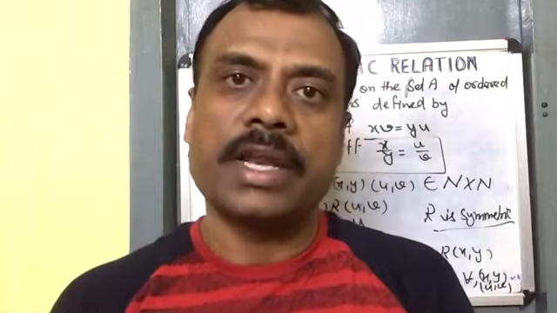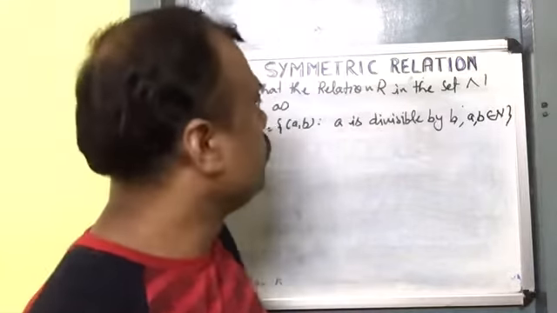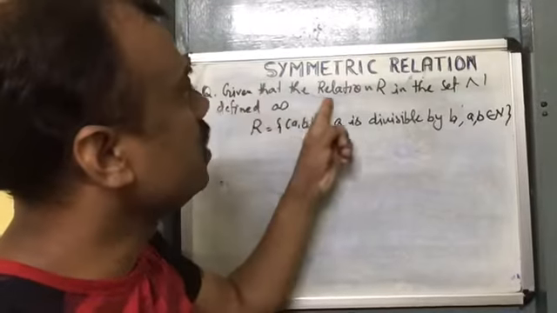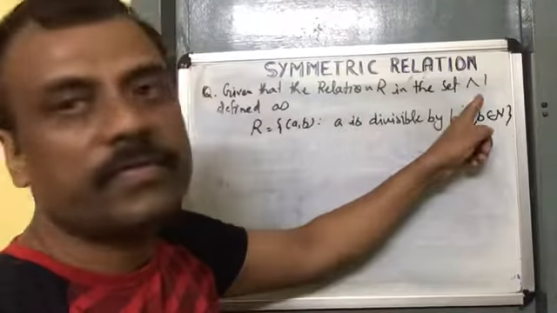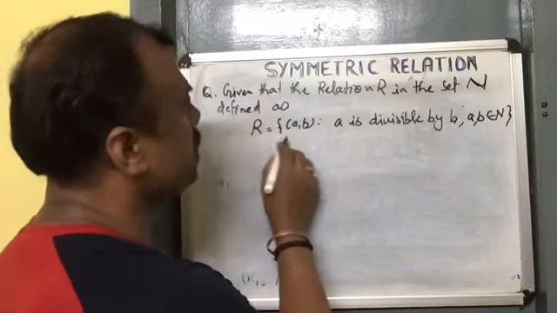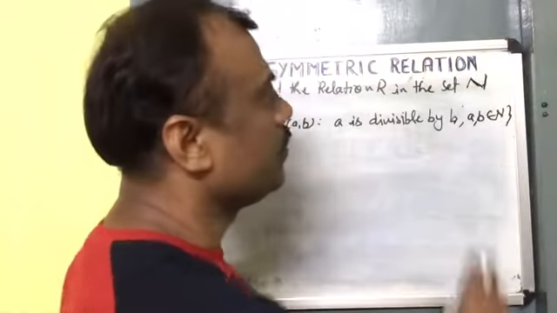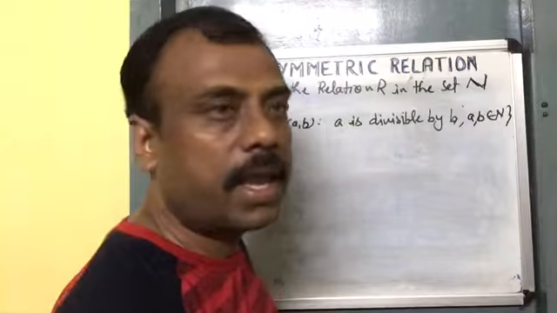So let us try another example. Here is another example: given the relation R in the set of natural numbers defined as (A,B) such that A is divisible by B, where A, B belong to N.